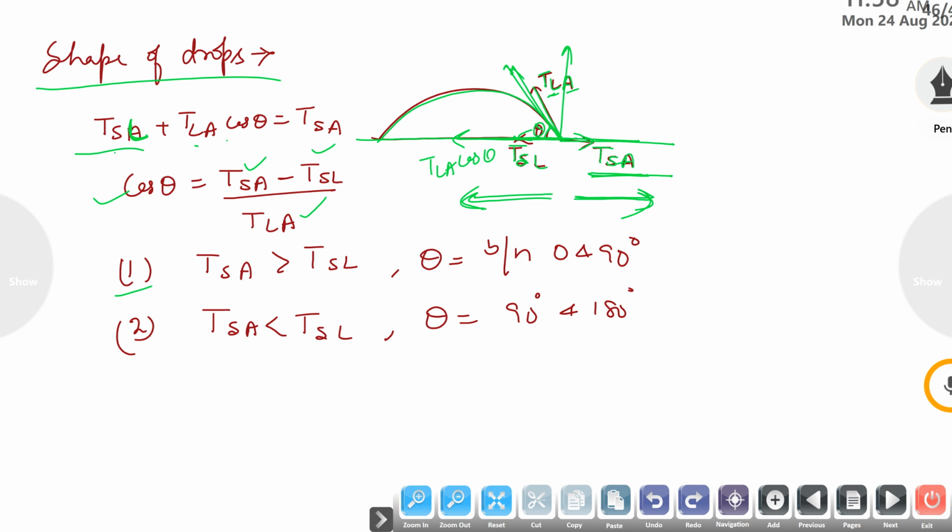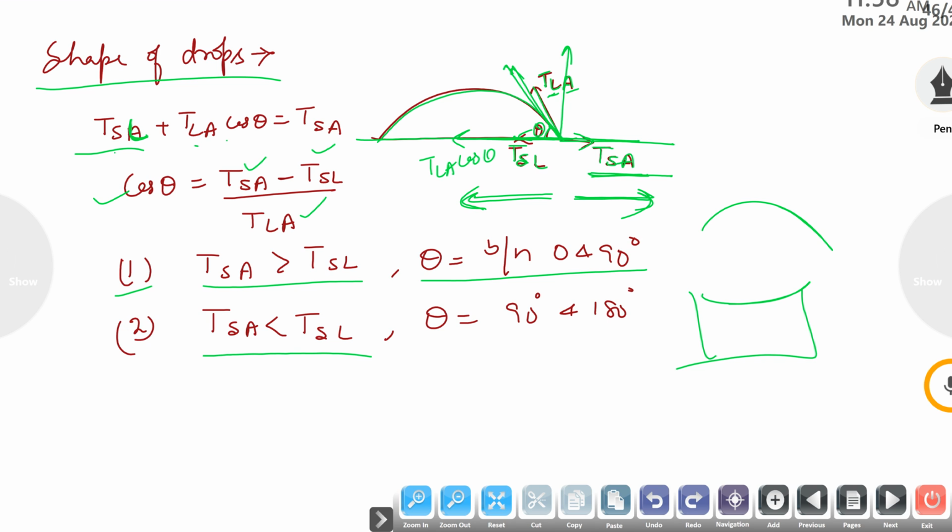Now, for the first case, if TSA is greater than TSL, then theta will be between 0 to 90 degrees, and these are the concave type of surfaces, the liquid which wets the surface, suppose water.